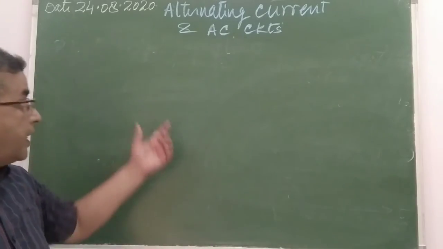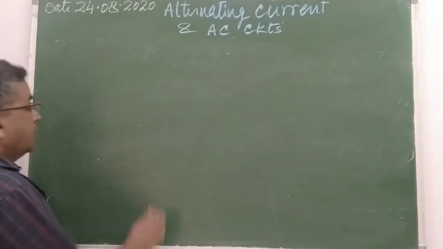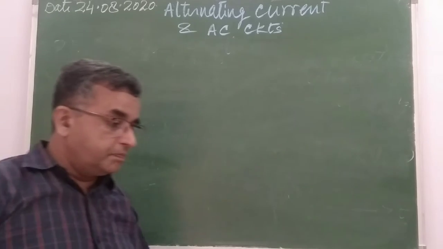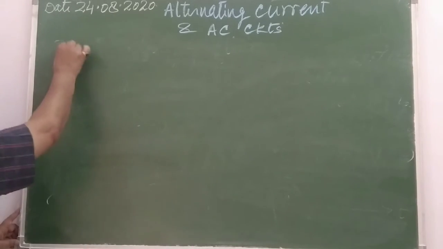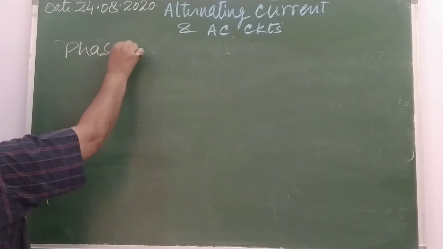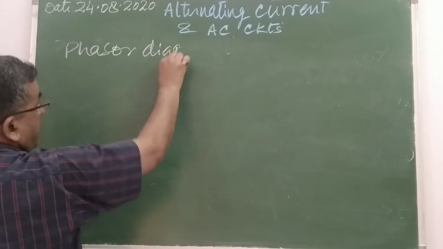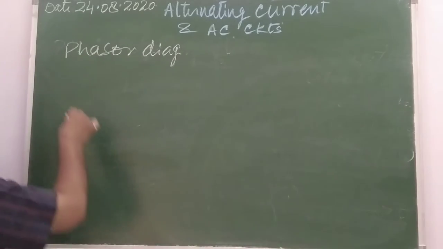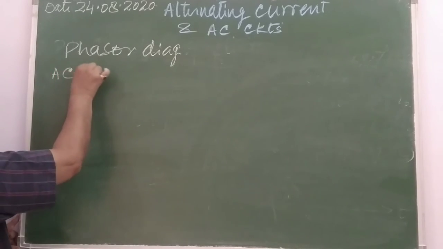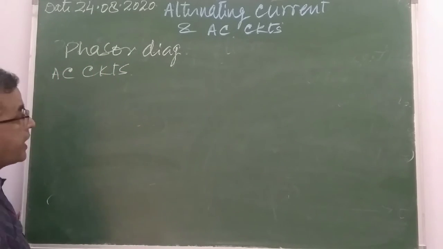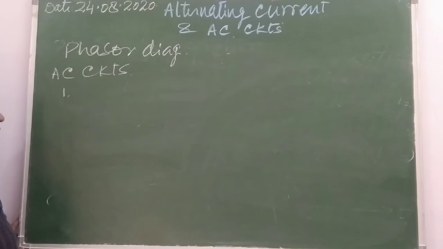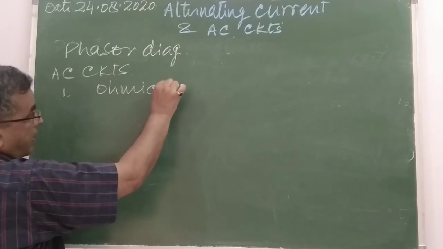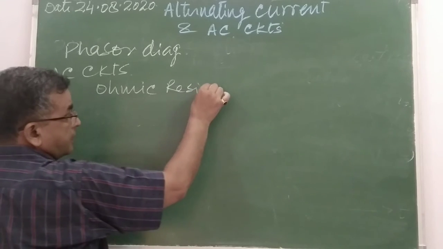Now the next is the phasor diagram and phase difference. You can go through the previous lecture. Afterwards, the AC circuits. In the AC circuits, we have covered the first circuit, that is ohmic resistance only.